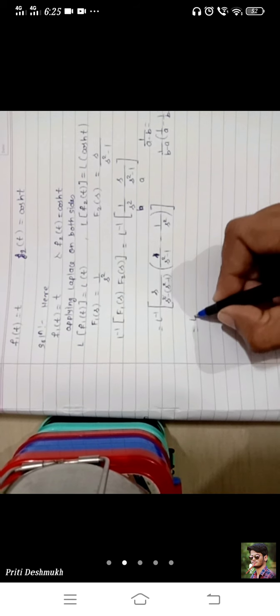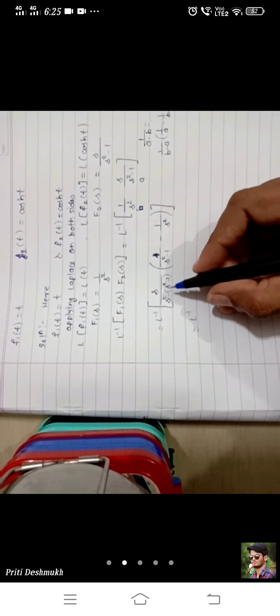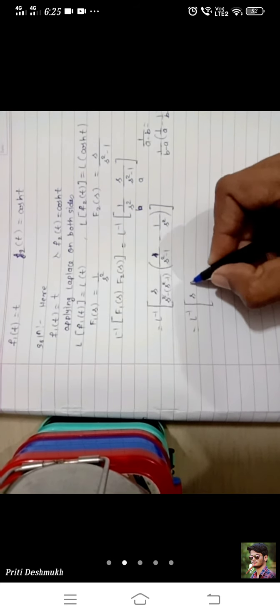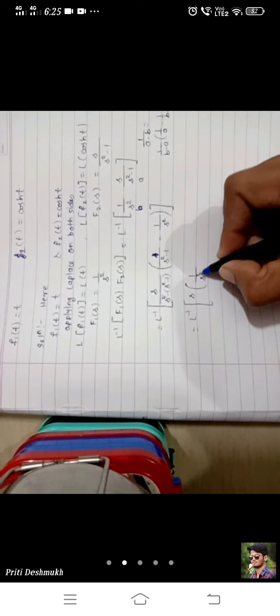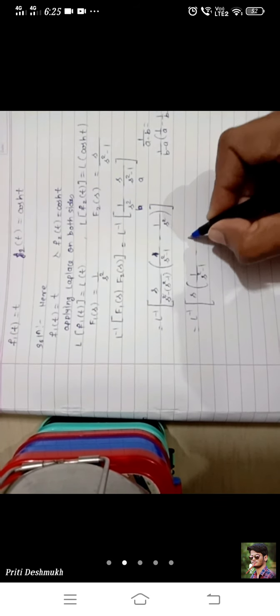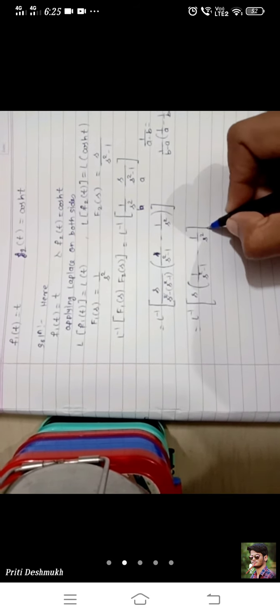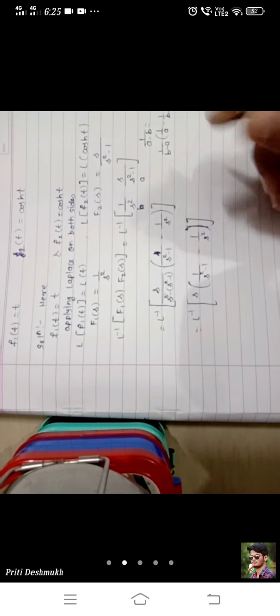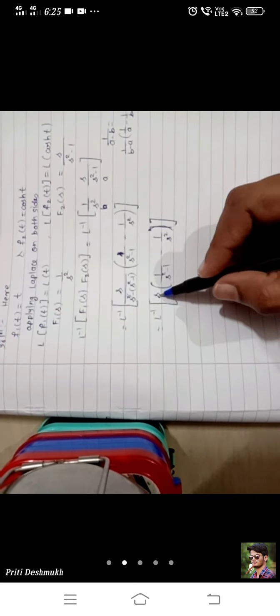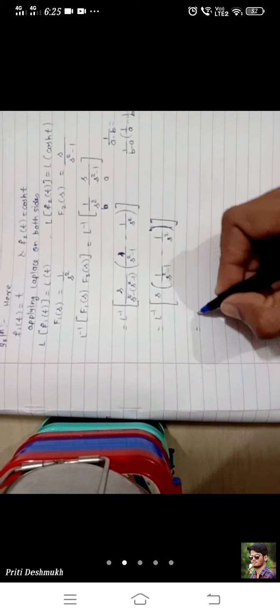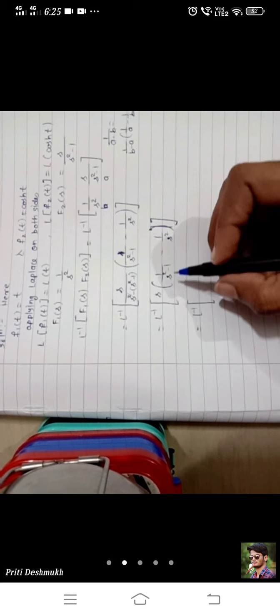So we get Laplace inverse of s into the bracket 1 upon s square minus 1 minus 1 upon s square. Now we multiply this s into both brackets.